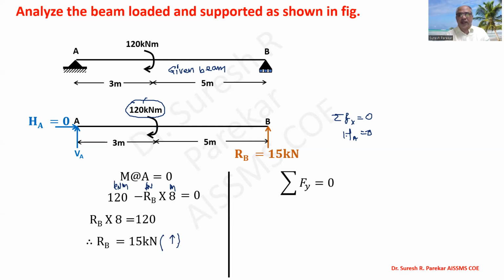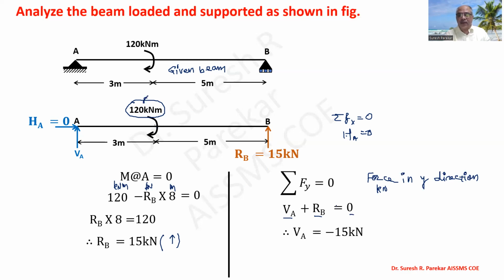Now we apply Fy equal to 0. Keep in mind that Fy means force in the Y direction, and the unit of force is kilonewton, so only kilonewton quantities will be considered. The couple should not be considered because its unit is kilonewton meter. So we consider only VA plus RB equal to 0. Do not consider the 120 kilonewton meter. So we get VA equal to minus 15 kilonewton.